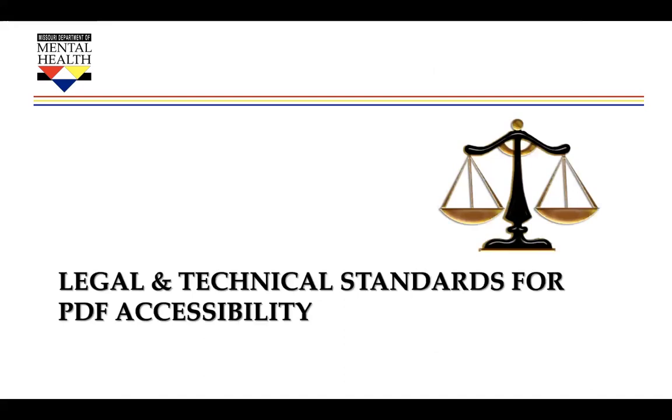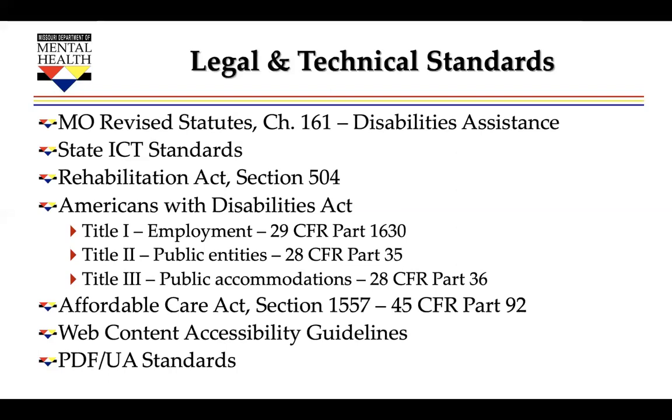So starting with legal and technical standards for PDF accessibility, we're going to talk about the Disabilities Assistance chapter of the Missouri Revised Statutes and how that leads to the state ICT standards.